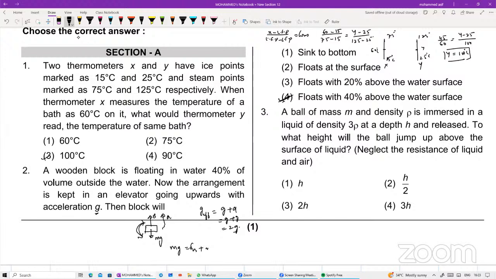Let's see. A ball of mass m and density rho is immersed in a liquid of density 3 rho at a depth of h, and it has been released. To what height will the ball jump up above the surface of the liquid?